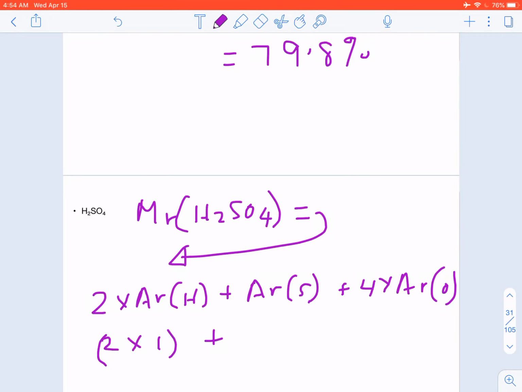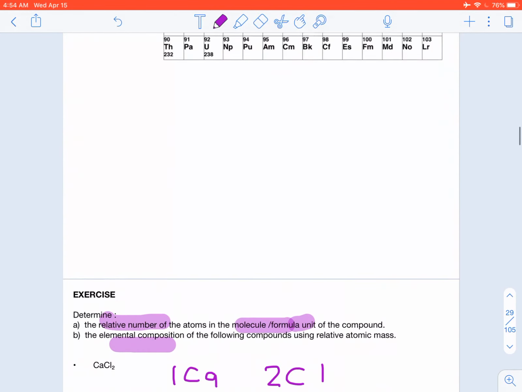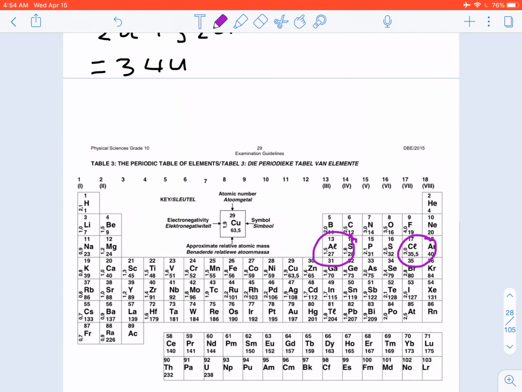Let's go to the periodic table, and if we look at sulfur, sulfur here is 32, and we know oxygen is 16.